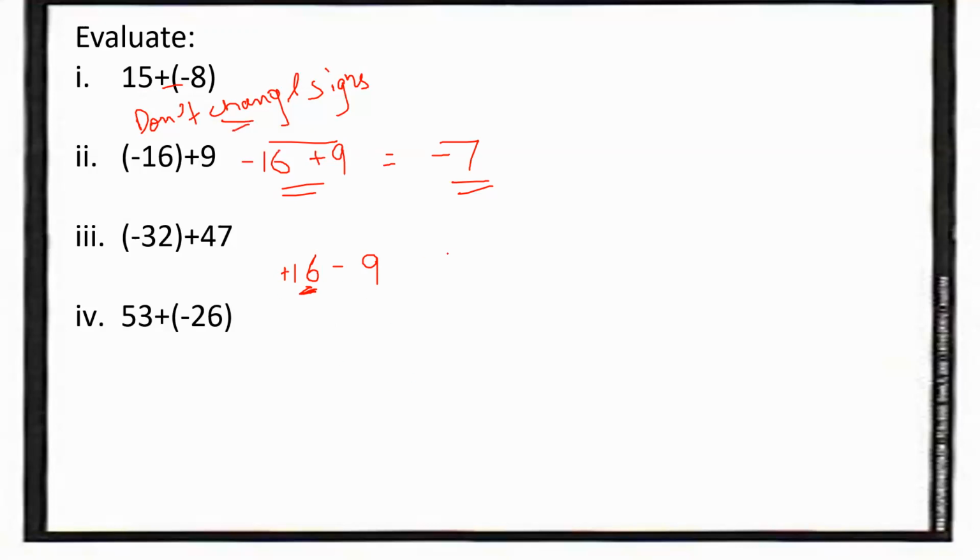The sign of the answer depends on the greater number, not on the greater integer. The greater integer is 9 here, but the greater number is minus 16, because 9 is smaller than 16. So when you put the sign, forget about the sign, don't look at it, just look at the numbers 16 or 9. The sign of 16 will come.